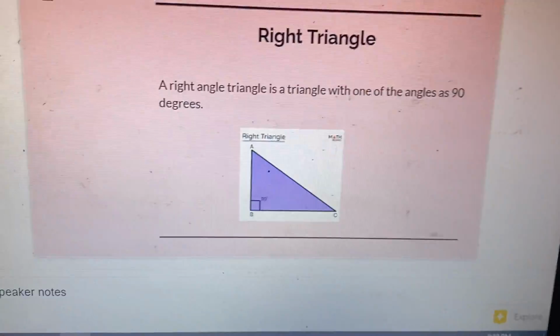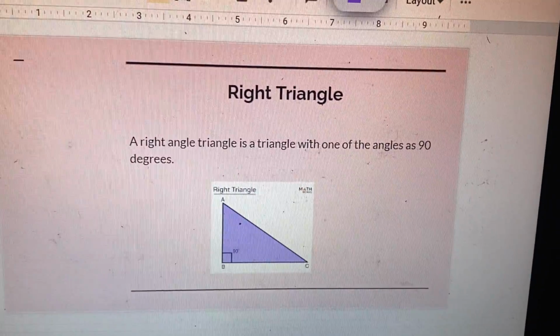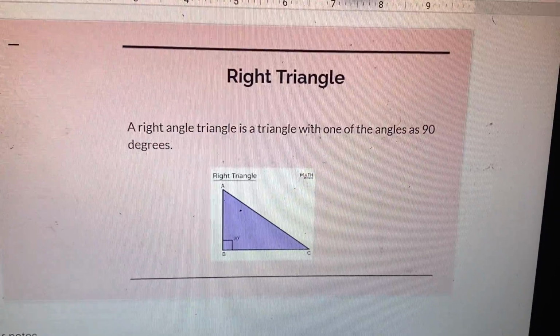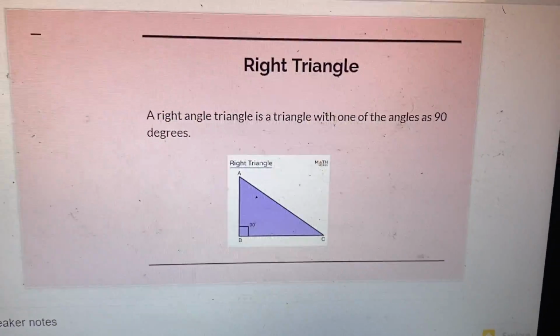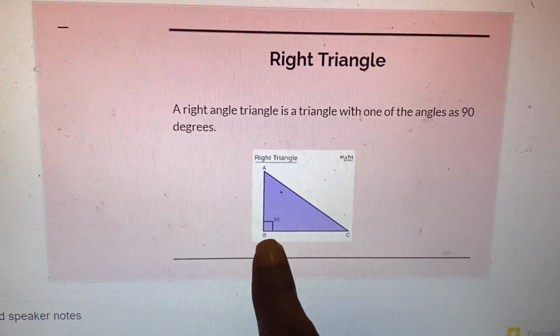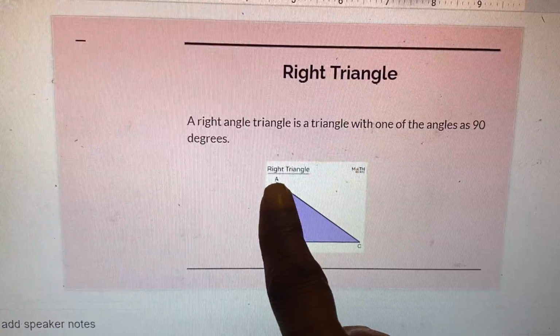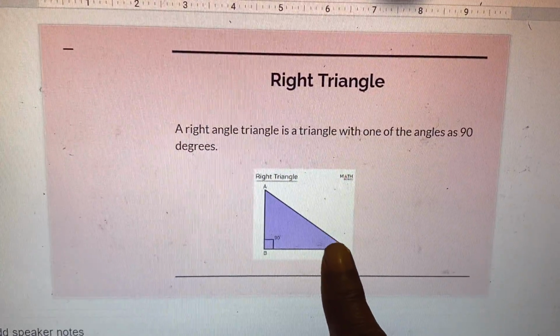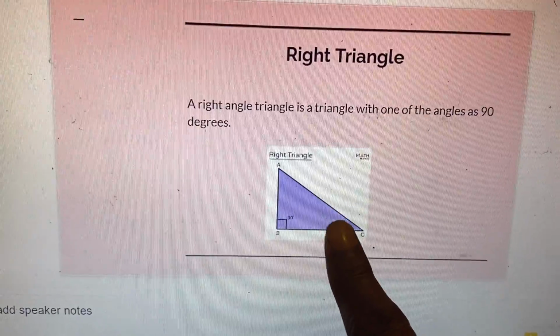Let's look at the right triangle. The right triangle has an angle that is exactly 90 degrees, which is the right angle. I want you to see here where it's 90 degrees. But then this side here is known also as the hypotenuse leg.